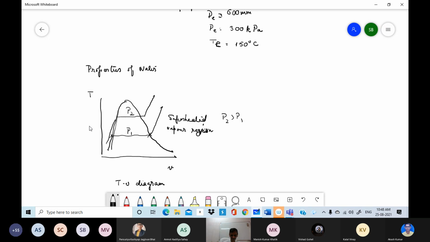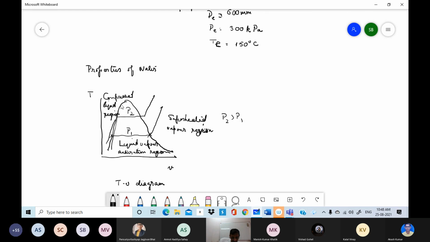This is the... and this is the... so this sort of a region has a boundary like this.